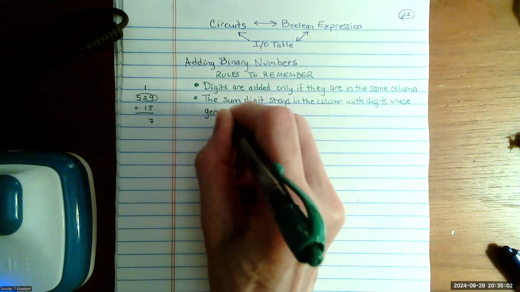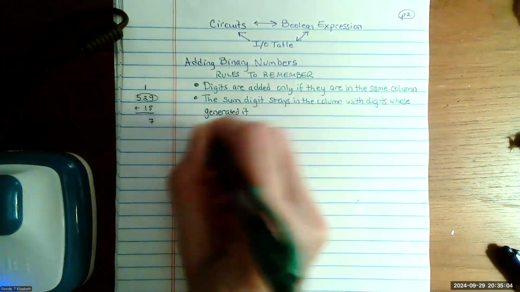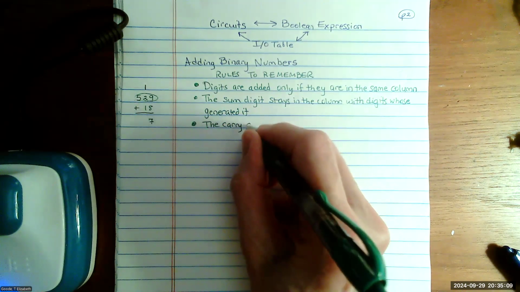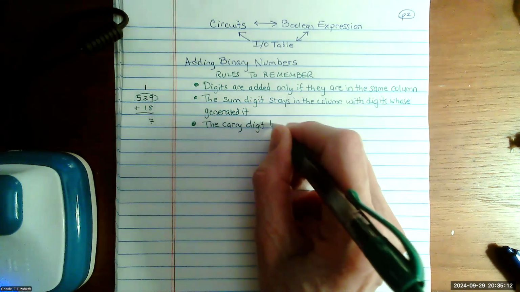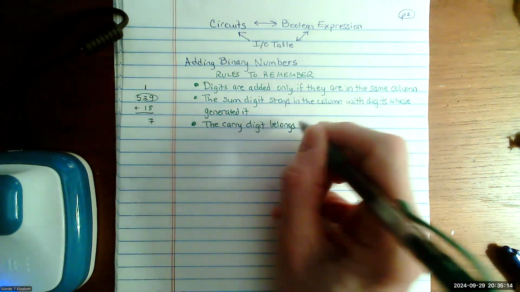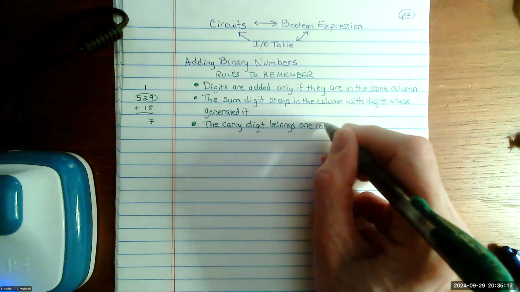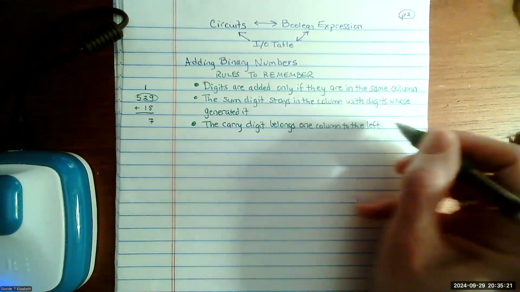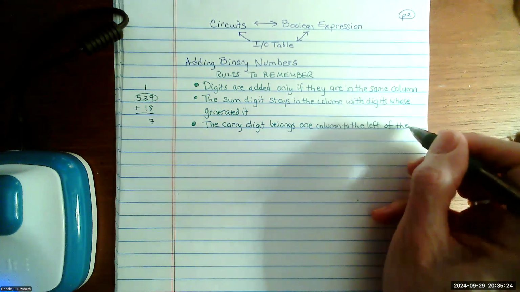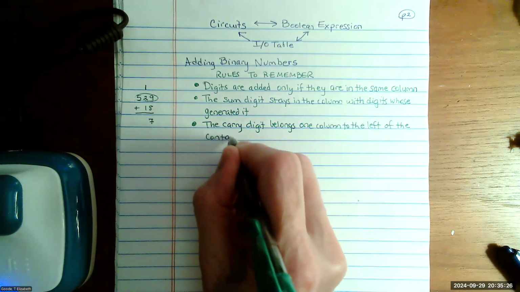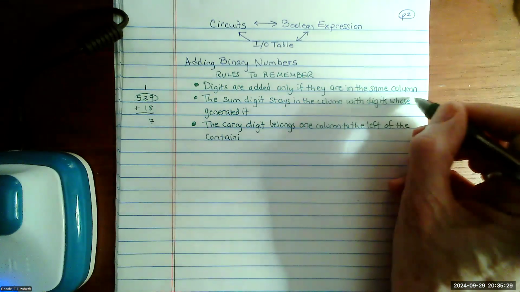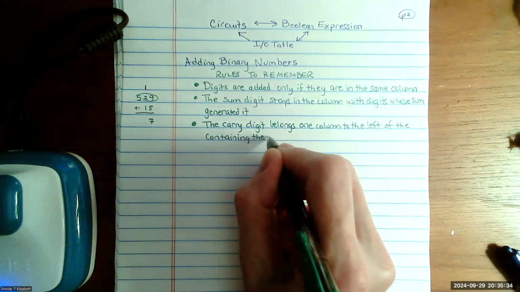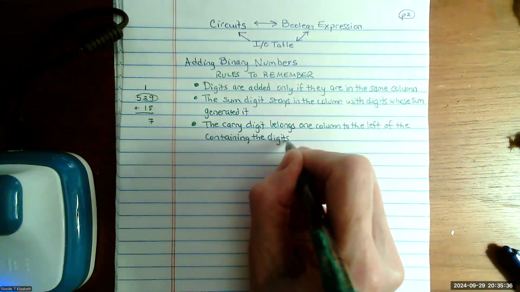And then the carry digit belongs one column to the left of the column containing the digits whose sum generated it.